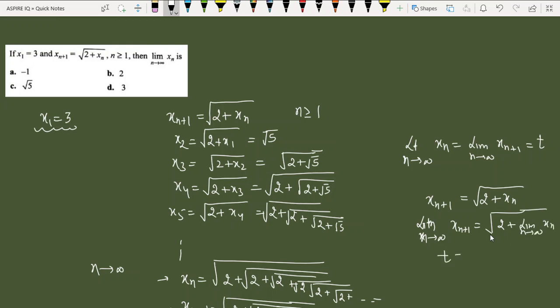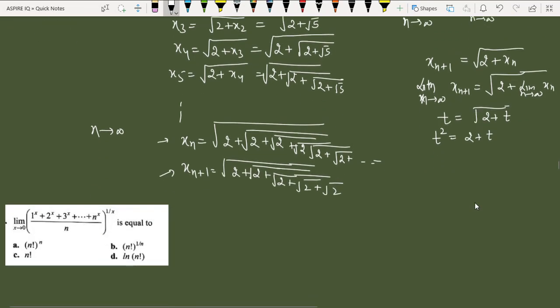So it will be equal to t, and we can say t equals root of 2 plus t. Now simplify it by squaring: t square equals 2 plus t. Now t square minus t minus 2 is equal to 0.